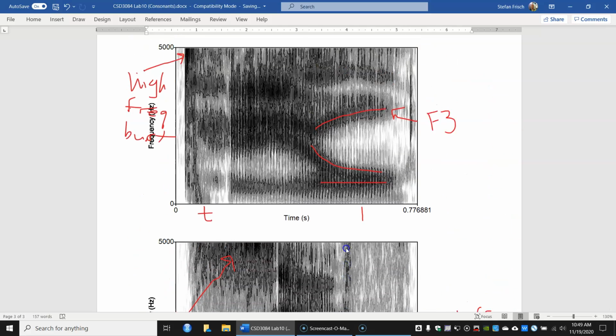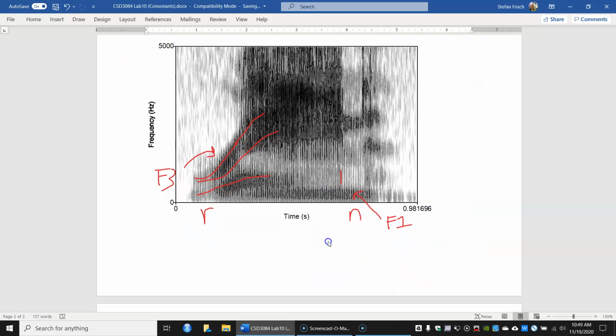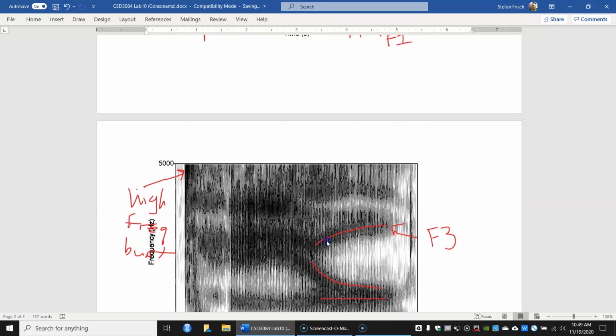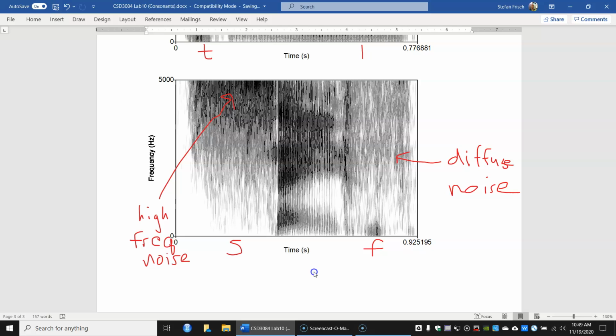Okay, so I believe we successfully have identified all of these words as shake, then rain, then tail, and then safe, where in each case we have the same vowel, so the vowel has roughly similar formant frequencies of lowish F1, because it's a mid-ish vowel, and some space in between it and F2, because it's a front vowel.